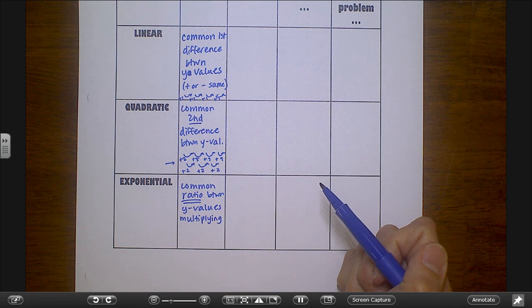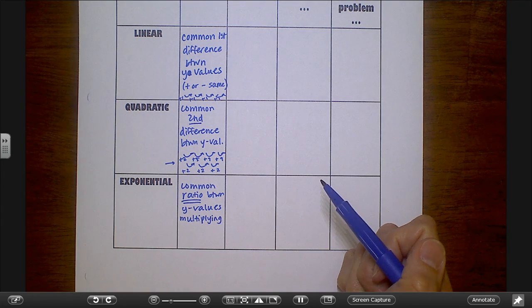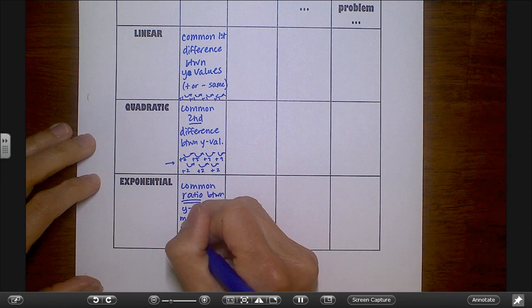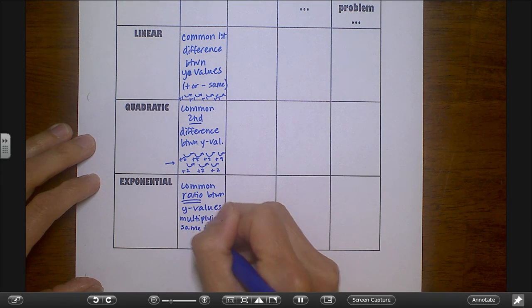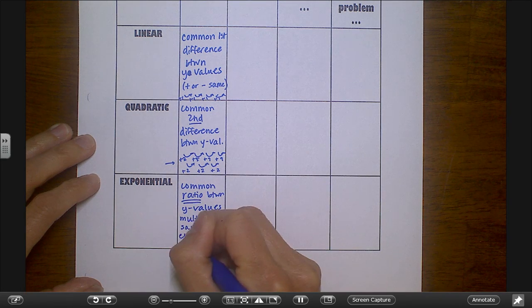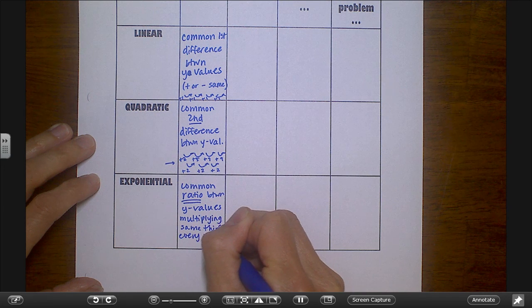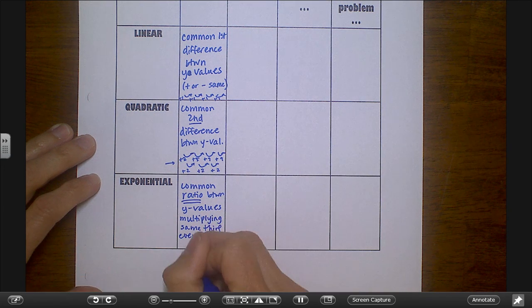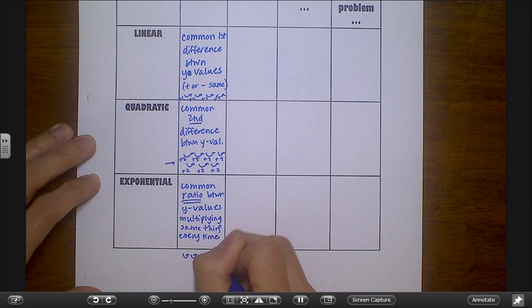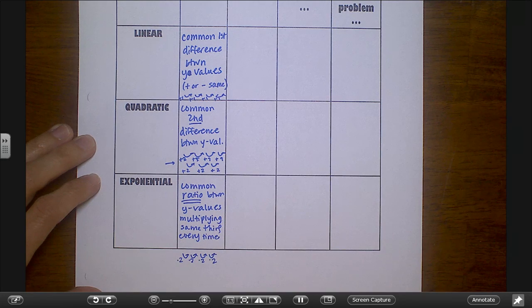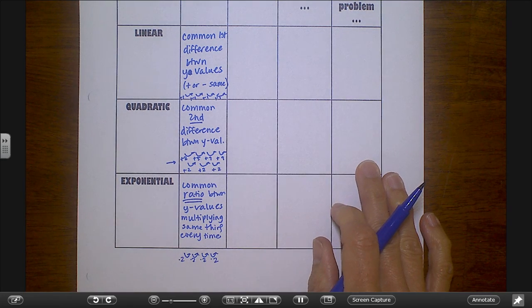So it'll be listed as multiplying by a number bigger than 1 or less than 1. You're multiplying the same thing every time. So going between y values, it'd be times 2, times 2, times 2, times 2, like that, okay?